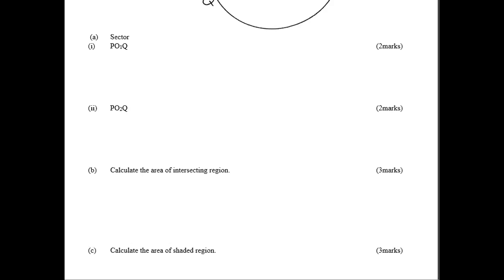Then the other sector, PO2Q, will be theta over 360 times pi r squared. That is 38.7 over 360 times 22 over 7 times 16 squared.